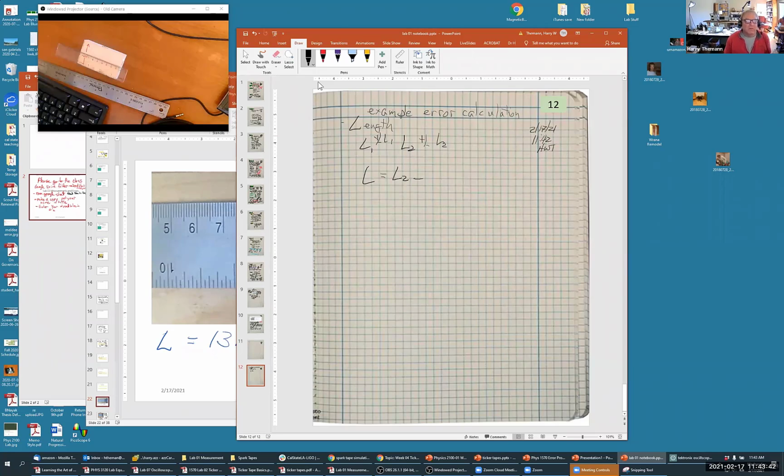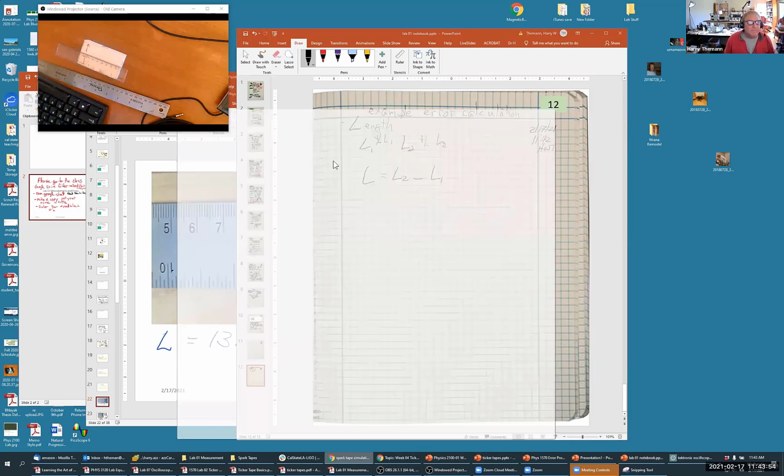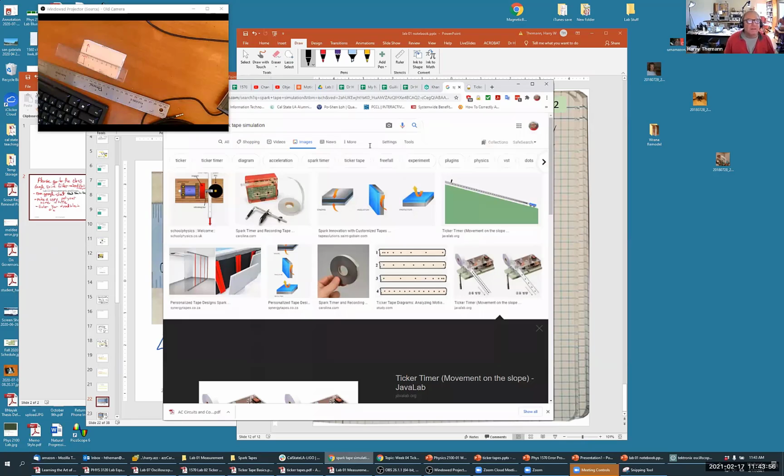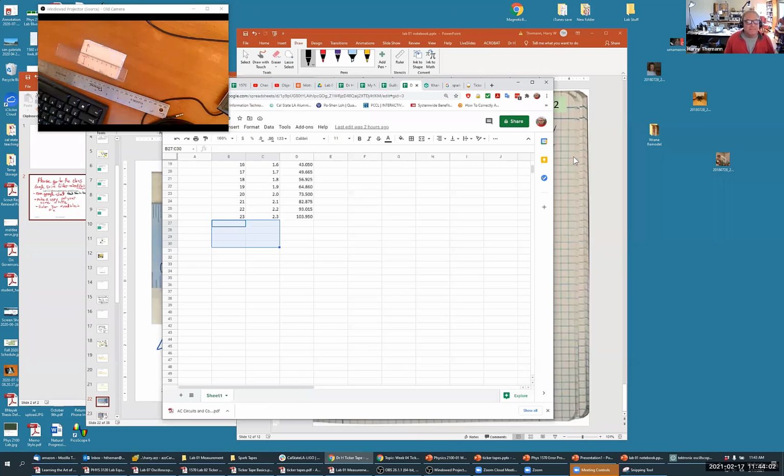And so let me take one of my numbers from my spreadsheet, if I can find it easily. Oh, that's the ticker tape. So I have 17.2 and 3.4.